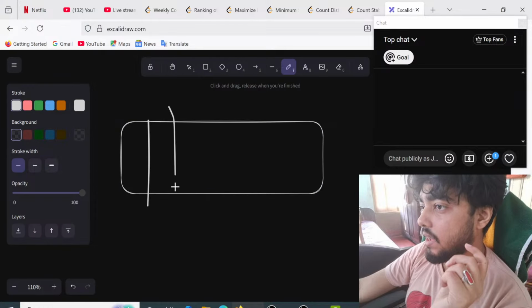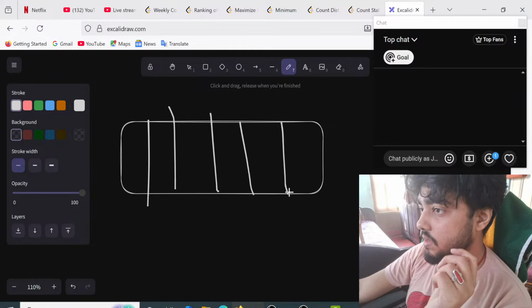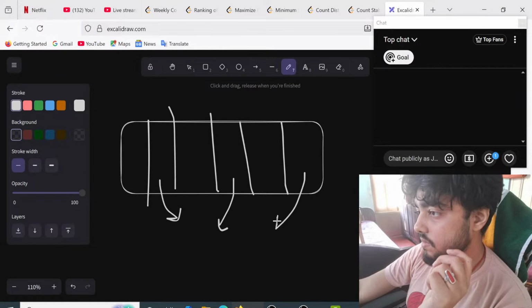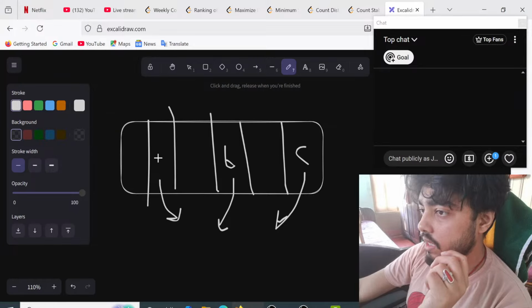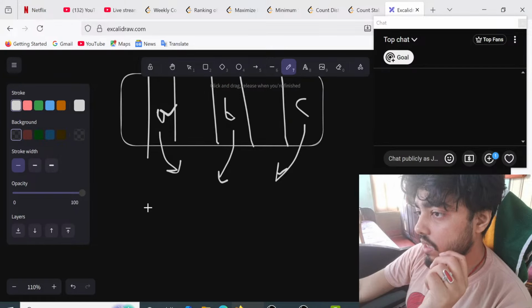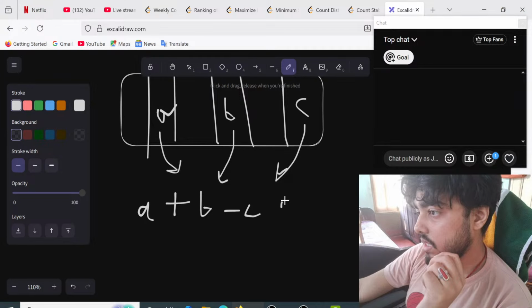You are having an array and there are a lot of elements in it. You can choose any three elements A, B, and C such that A plus B minus C is maximized.